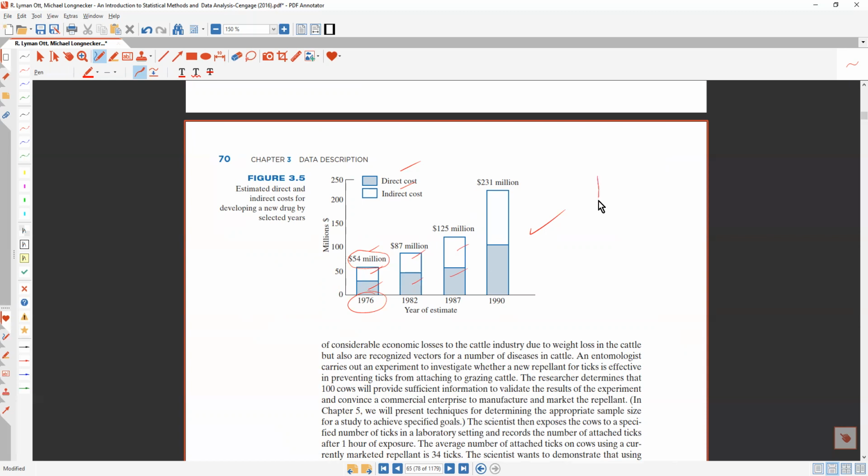If you think of another, maybe we do the COVID-19, and then we put total deaths up here due to COVID-19, and then maybe we're separating it by comorbidity versus not.